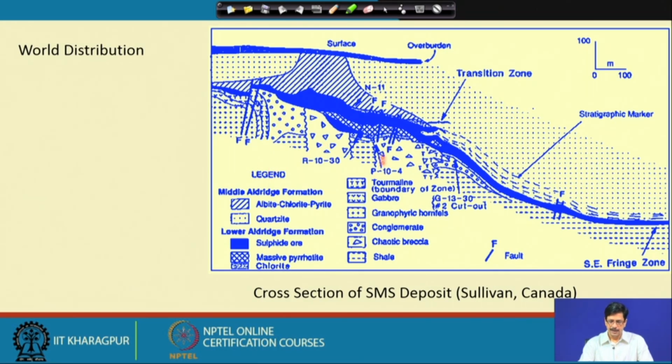Sometimes there is a basement mafic member such as gabbro, which is present in the Sullivan deposit, as you can see here. This conforms to the generalized morphology and is one of the important SMS deposits in Canada.